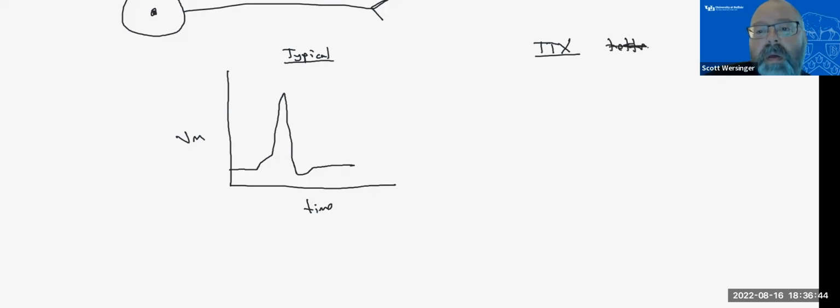You've probably heard of tetrodotoxin. This is in fugu, pufferfish. What this does is block the voltage gated sodium channel.